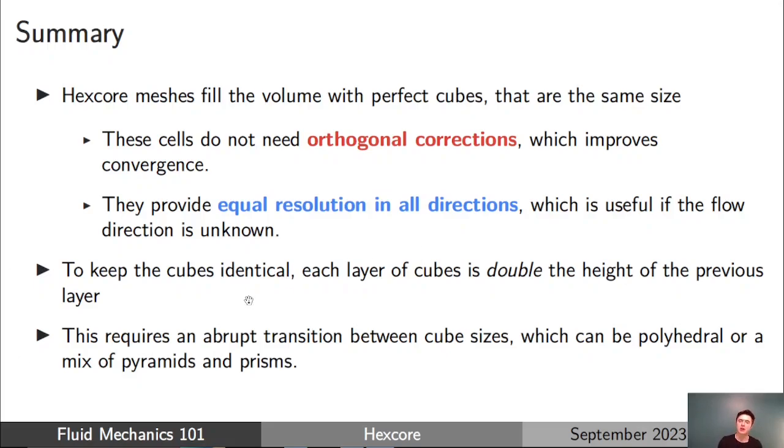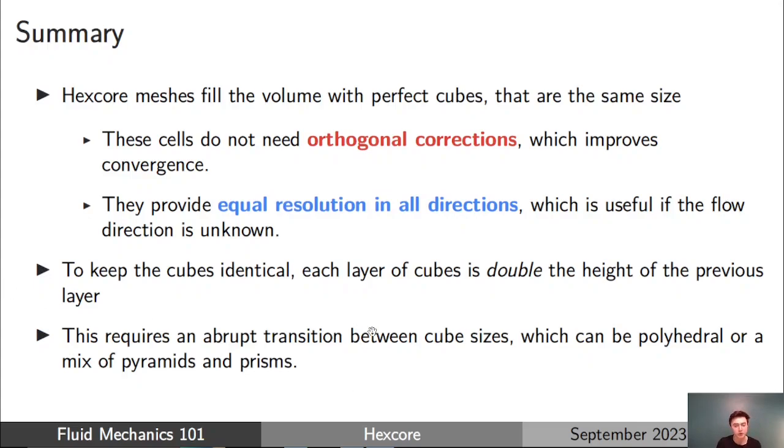And this goal ultimately imposes a restriction on the Hexcore approach, which is how we transition between cubes of different sizes while maintaining the same shape. And the way we do that is by doubling the dimensions of the cube when we transition from a smaller cube to a larger cube.